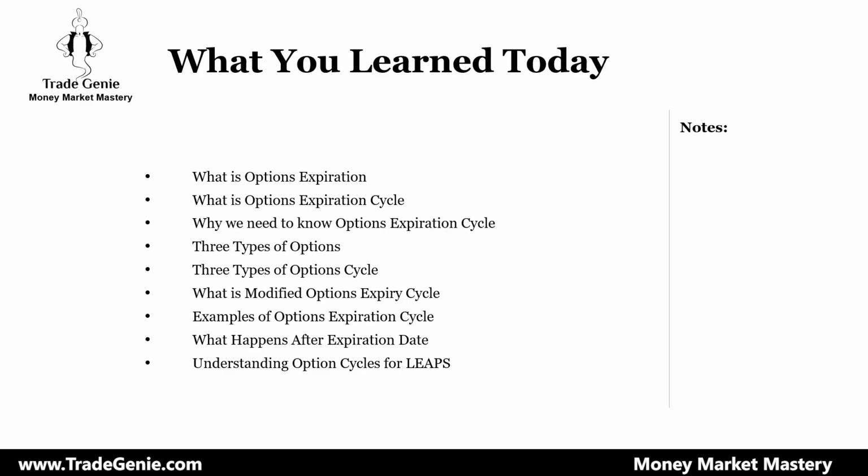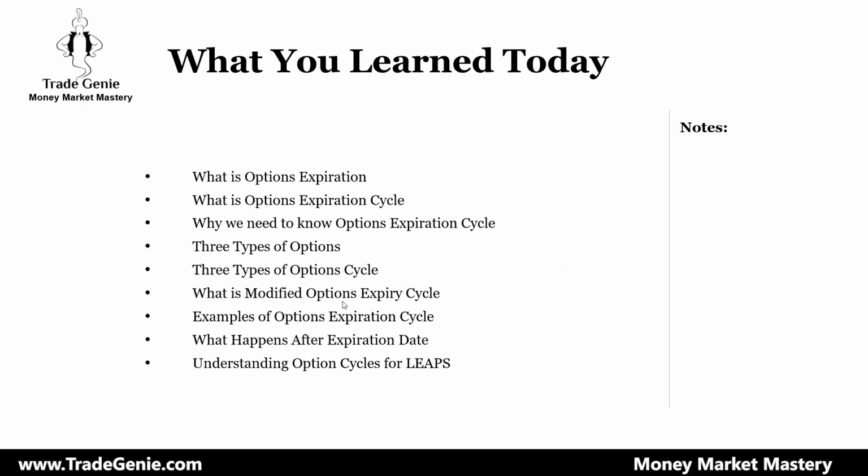So today I explained to you about option expiration. I explained the option expiration cycle, and why we need to know it, so that we can adjust our position, adopt different strategies, know what's coming, hedge, speculate, all that. Three types of options I explained: weekly, monthly, quarterly. Three types of option cycle: January, February, March cycle.